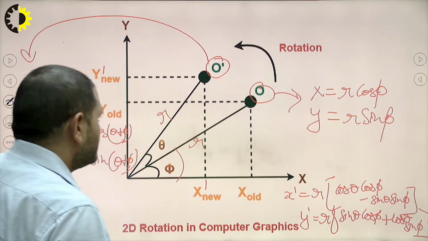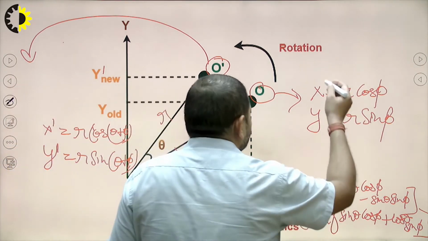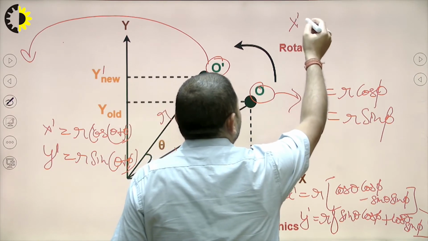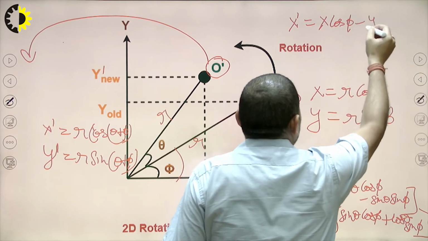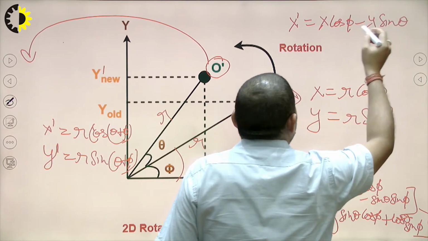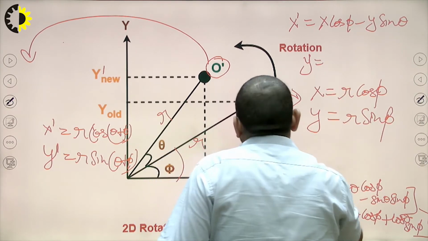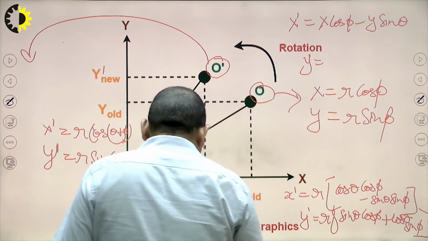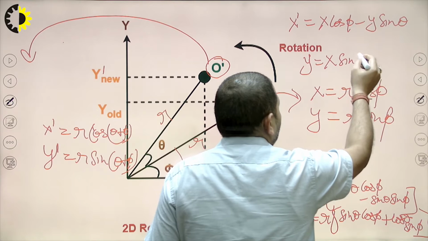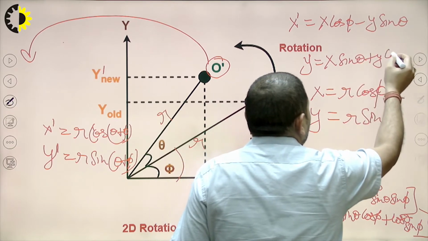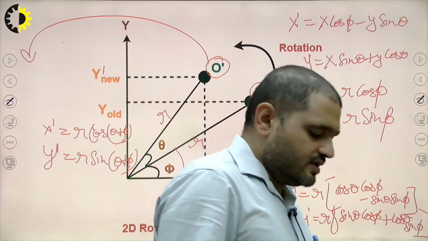From these values I can say that x dash is x cos theta minus y sin theta, and y dash is x sin theta plus y cos theta, which can be further written in the form of a matrix.